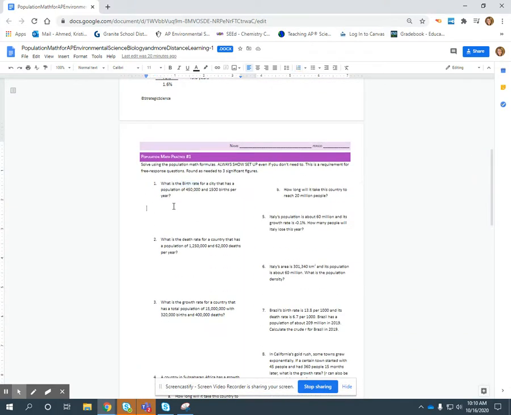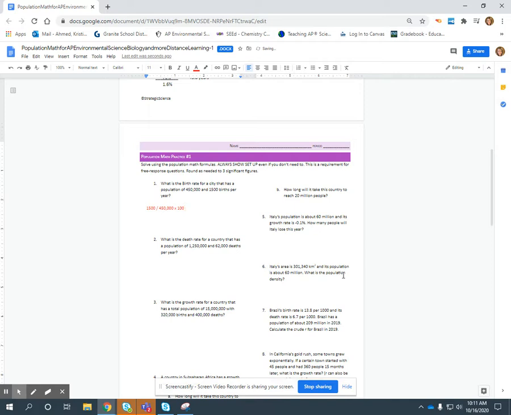So if I take the total number of births, which is 1,500, and we're going to divide that by the total population, which is 450,000, okay, times that number by 100.